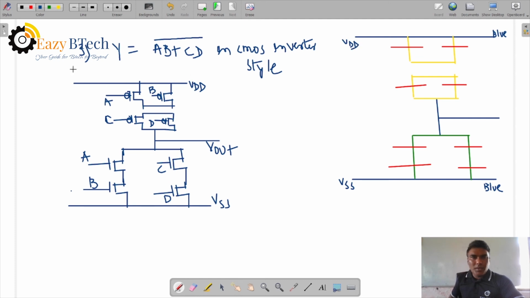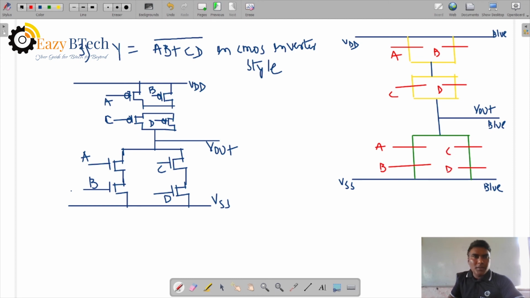The interconnection is here, and the output is over here, in blue color, metal. For the input terminals, the PMOS A, B are the complement of the NMOS transistors. In the pull down, A and B are series, C and D are series, both in parallel.